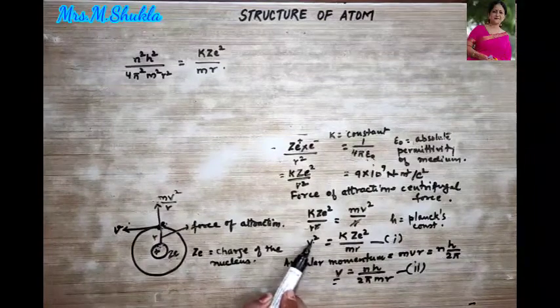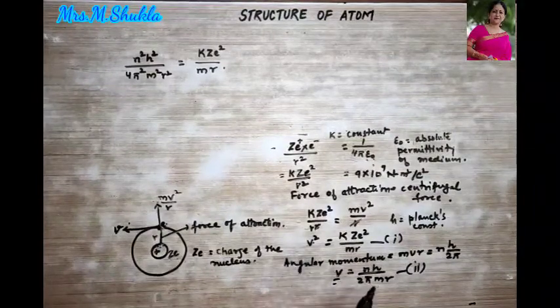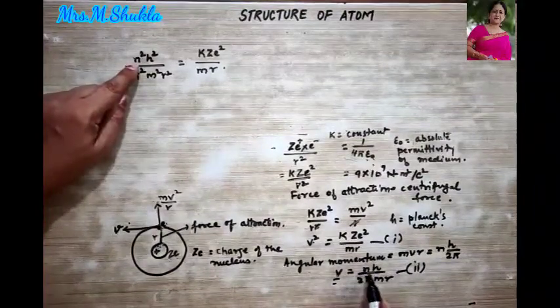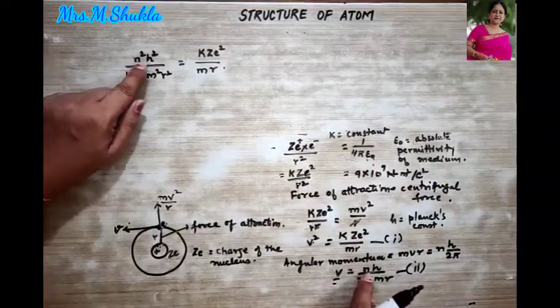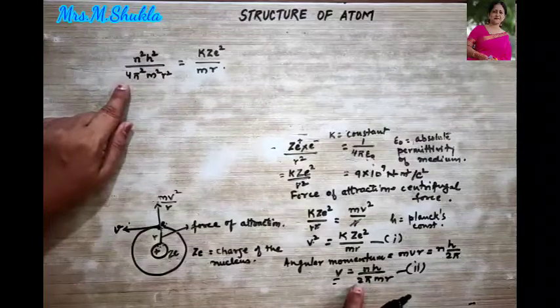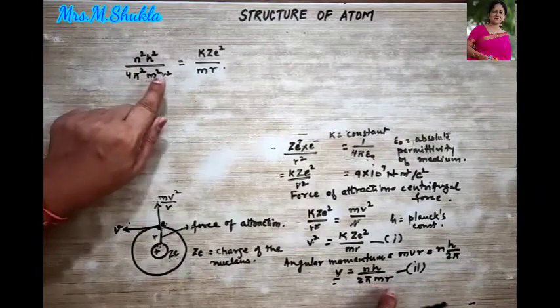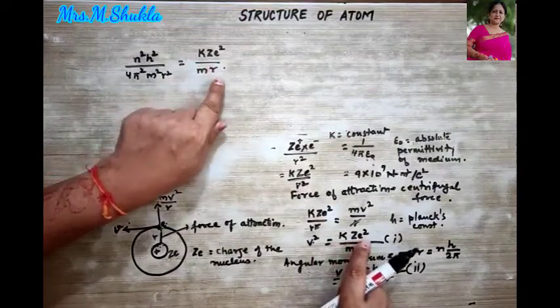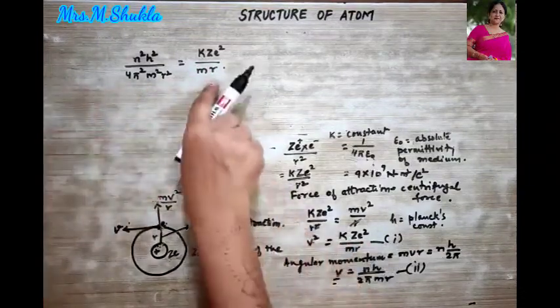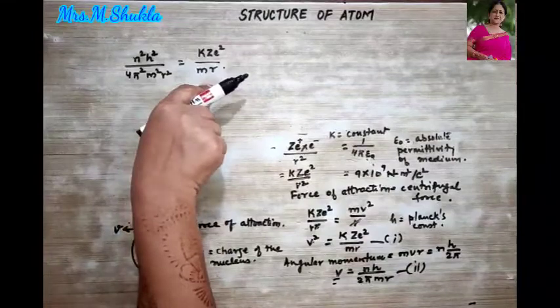This value I have placed over here. So this is v square. So what did I write here? This whole has to become whole square. So I wrote n square h square upon 4 pi square m square r square. This should be equal to kZe square upon mr. I hope till here everything is very clear.